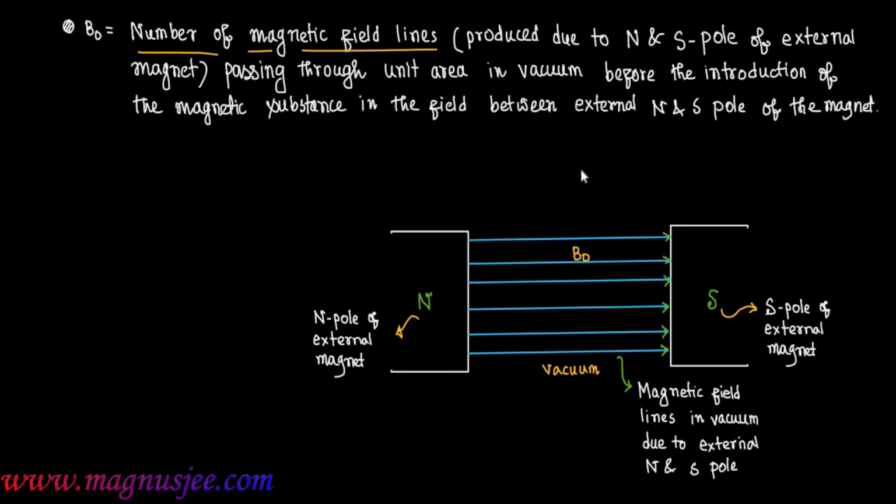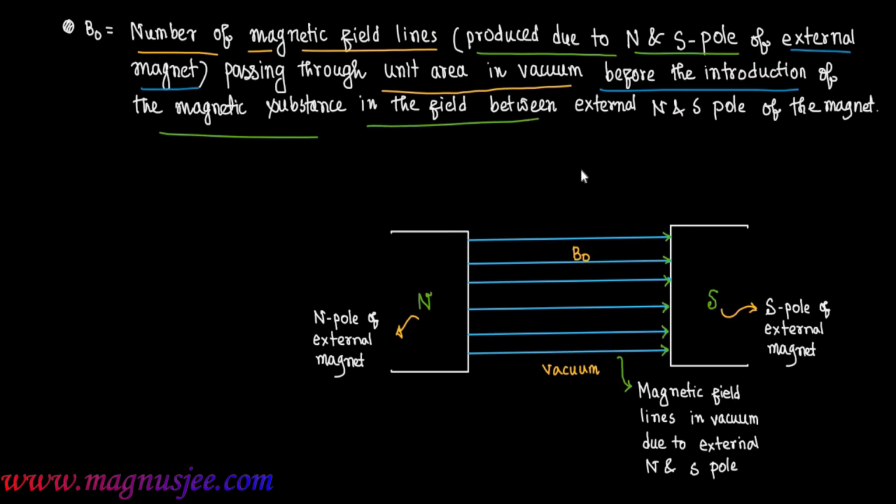Hence B0 is the number of magnetic field lines produced due to the N and S pole of the external magnet passing through unit area in vacuum before the introduction of the magnetic substance in the field between the external N and S pole of the magnet.